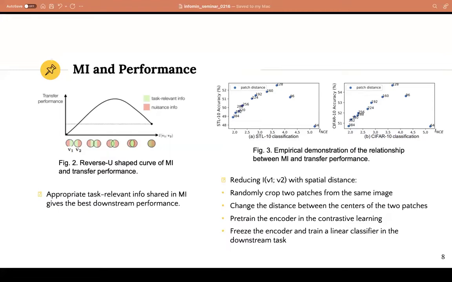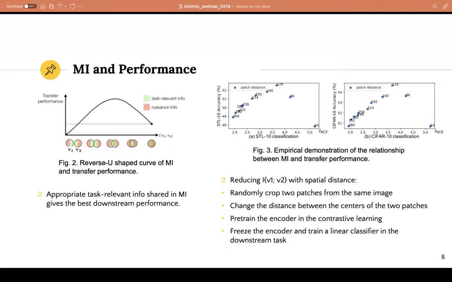In the pre-training stage, you get unlabeled images, and first you randomly grab two patches from the same image, and you change the distance between the centers of the two patches. That will change the mutual information of those two views.